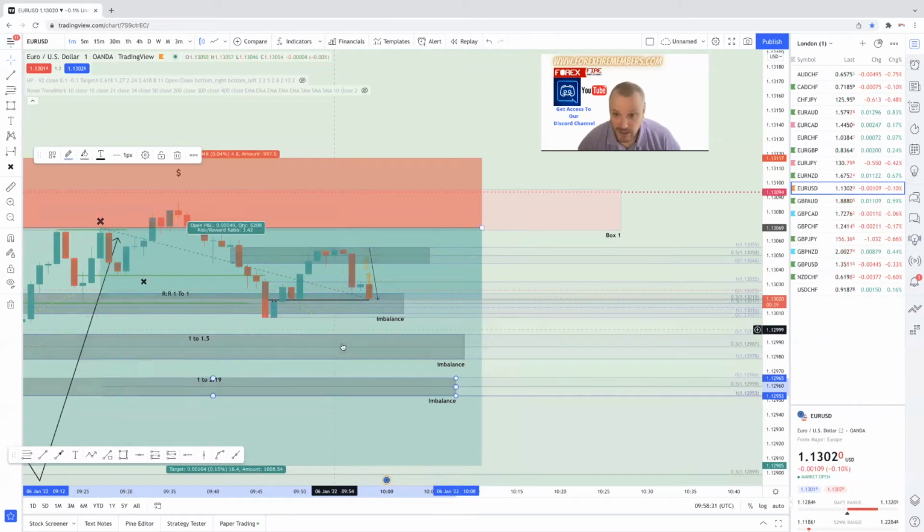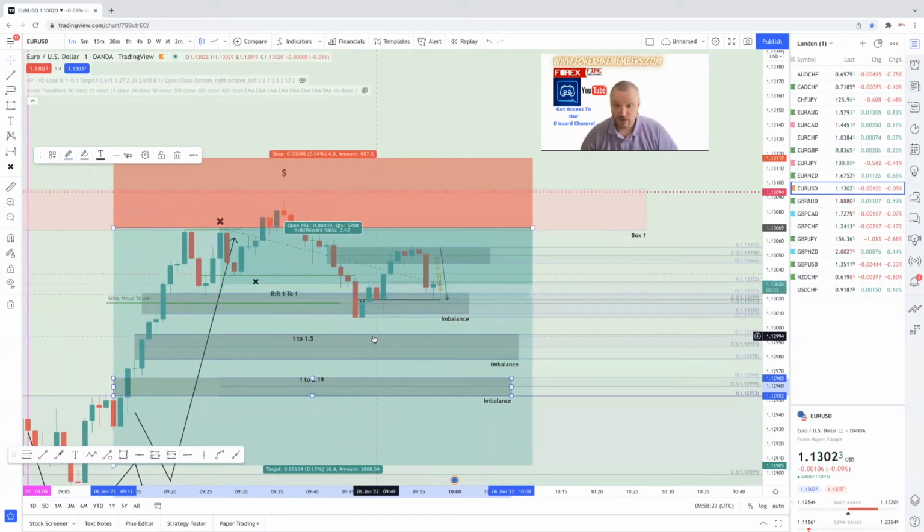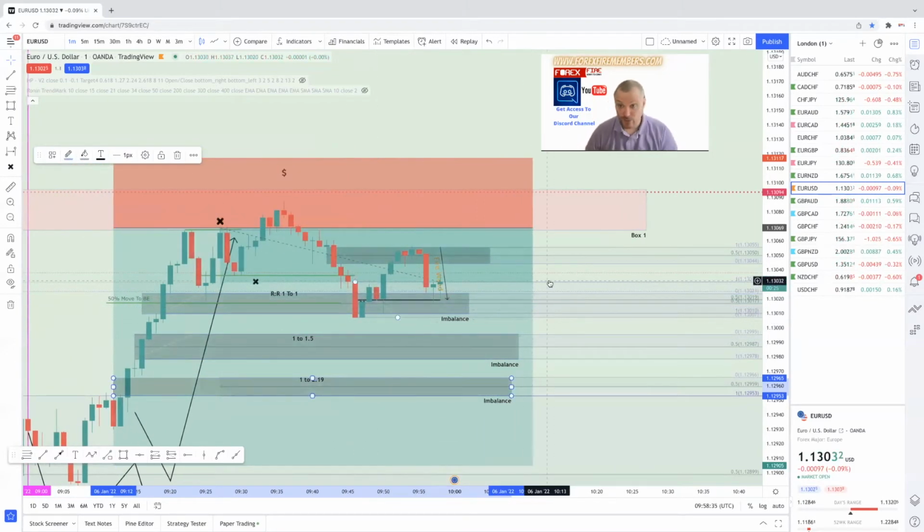Again, I'm hoping this is giving you a bit of a light bulb moment, but also the confidence to go and test this yourself. Give yourself a two-hour window. Make sure it's a New York, London, or Asian session, preferably at the beginning of the session when there's going to be volatility and movement.